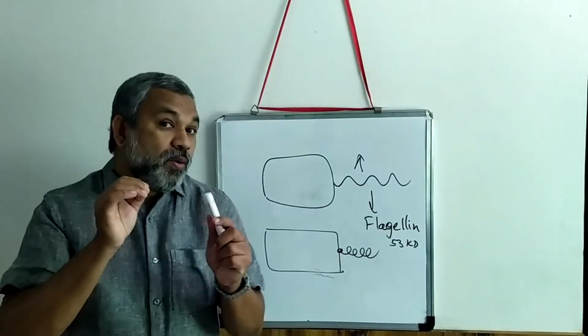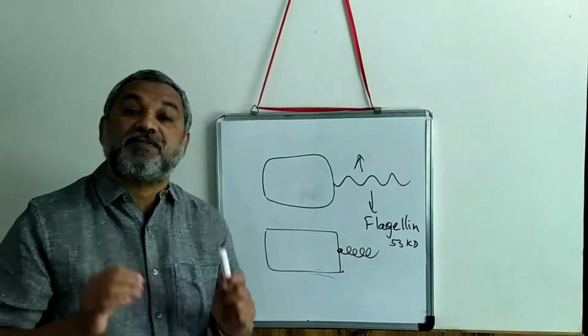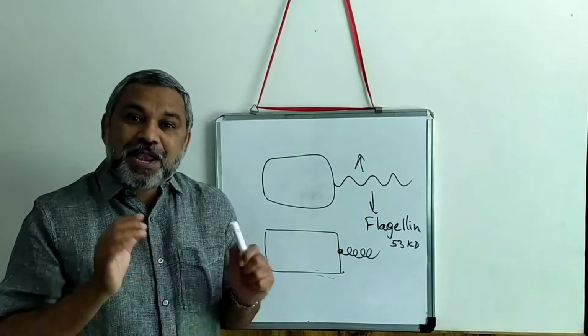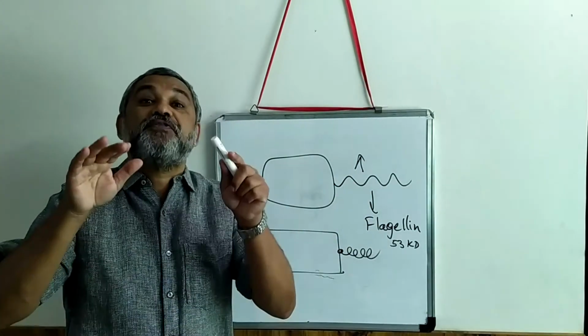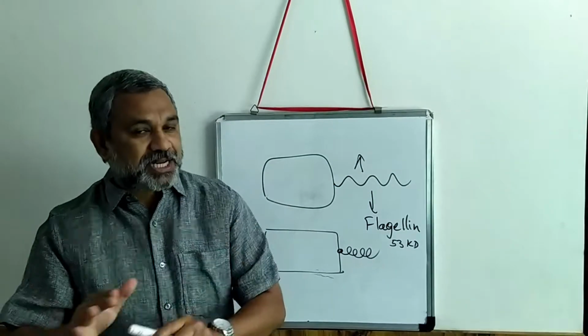In order to verify this, a simple experiment was carried out. The flagellum is made up of a protein known as flagellin, a fibrous protein with a molecular weight of about 53 kilodaltons. Antibodies against this flagellin were made, and the flagella were fixed on a microscopic slide.